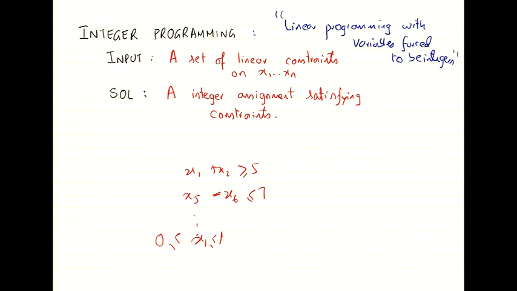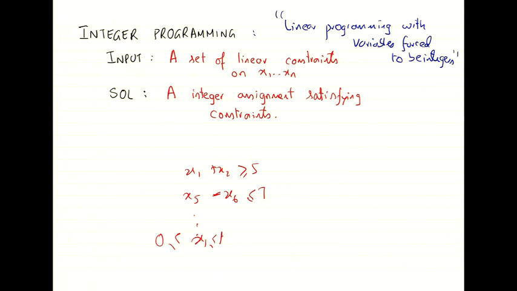We don't want to verify max or min or anything. But we can verify whether a solution satisfies all the constraints. So therefore, integer programming is in NP, as I've defined it. If I put in max or min, it won't be in NP. Is everything okay?